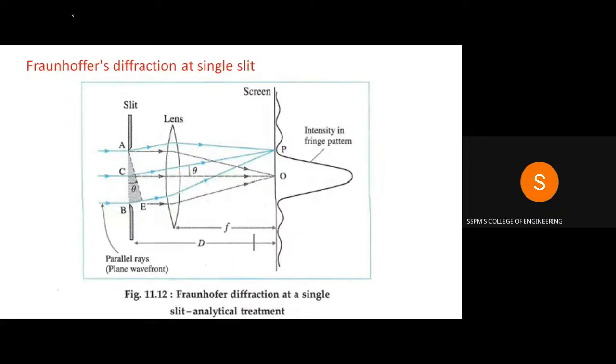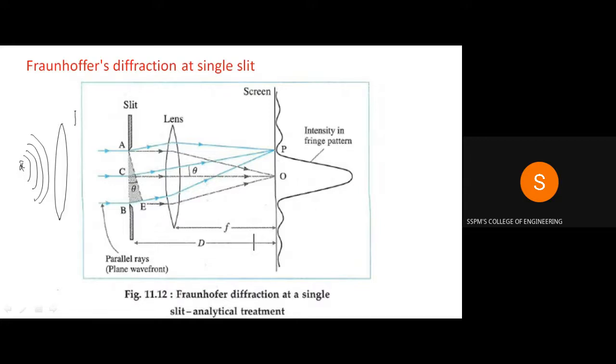So I have shown a diagram. We can say this is Fraunhofer's diffraction at a single slit. Obviously, the source is not shown here. The source emits a spherical wavefront, and that spherical wavefront is allowed to pass through a convex lens.